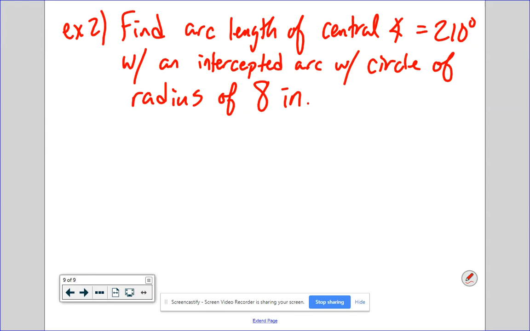Either way is fine. I don't care which one you do. Make sure you simplify theta before you plug it into your equation. If you memorized your radians from the unit circle yesterday, you should be in pretty good shape as far as finding theta. Or if you have your unit circle from yesterday.